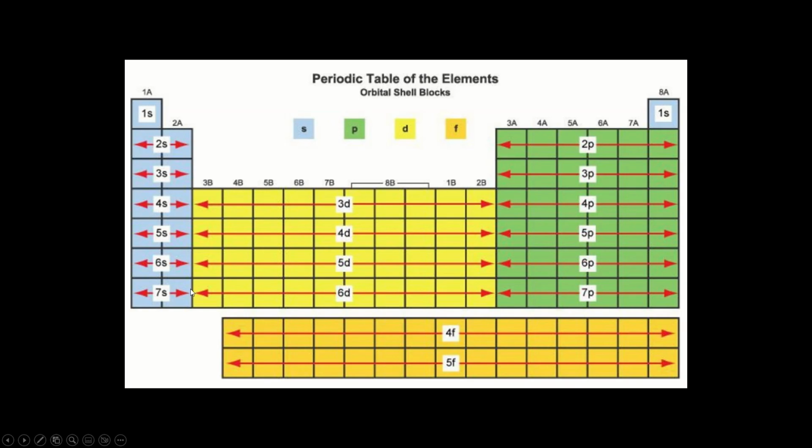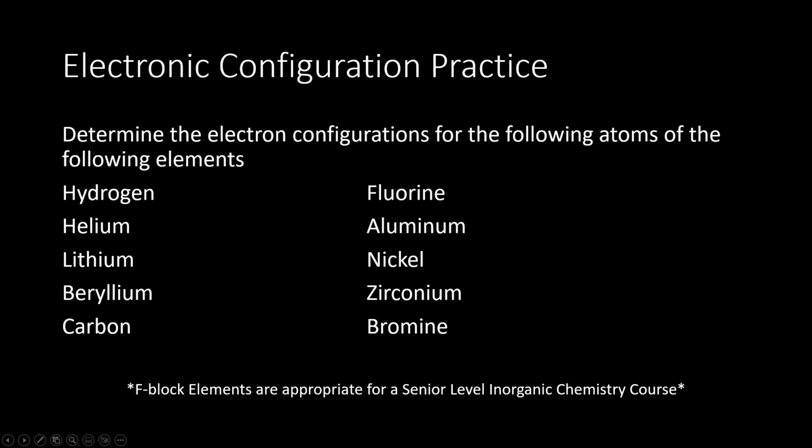So for the 7th period, 7 minus 2 gives us the 5th energy level for our f block elements. Or if it's in the 6th period, then 6 minus 2 gives us the 4th energy level. S, P, D, and F basically represent the shape of the orbitals that those electrons are in.